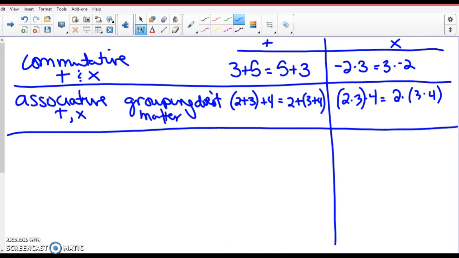Okay. The identity property. Your identity is who you are. The identity of addition, or additive identity: you can add 0 to anything and it doesn't change its value.